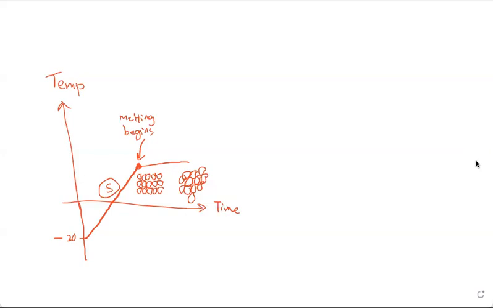So this is the point where melting begins, and this is the point where the melting is completed. Melting completed means there's no more solid. All solid has been turned into liquid. So this in the middle is solid plus liquid.